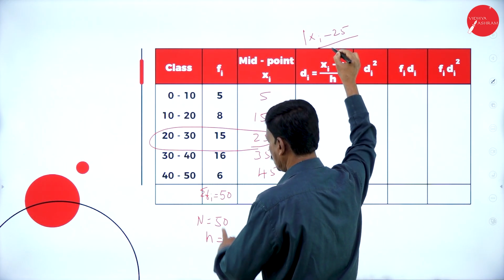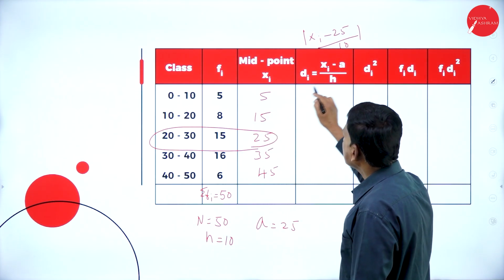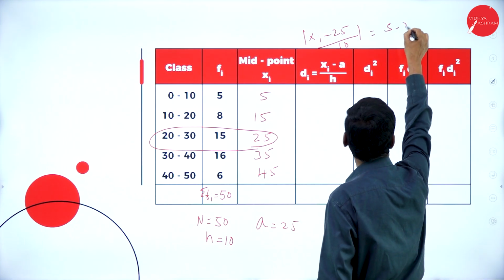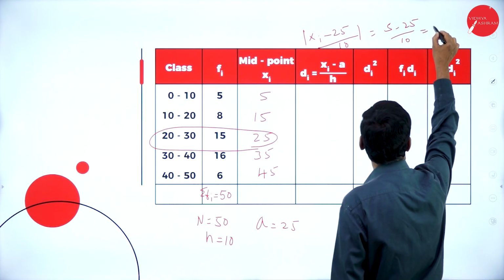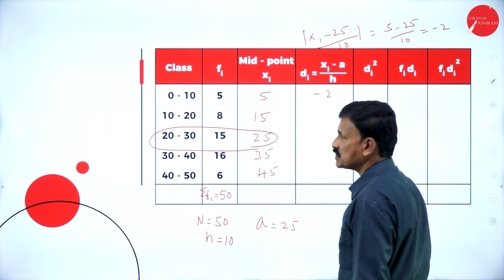H is 10. So here xi 5 minus 25, divided by 10. 5 minus 25 is minus 20 divided by 10 is minus 2. The first answer is minus 2.